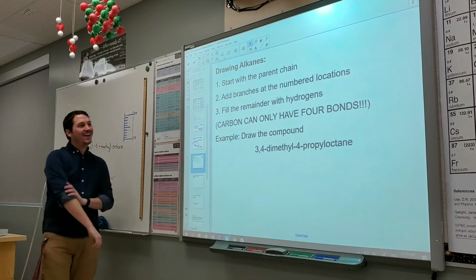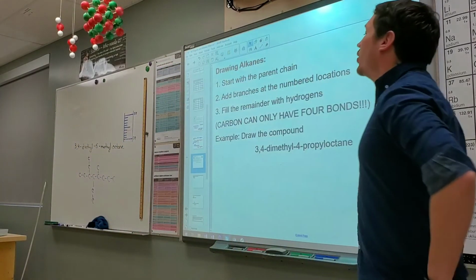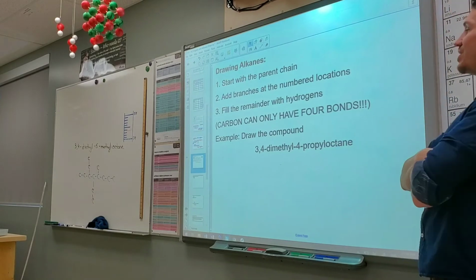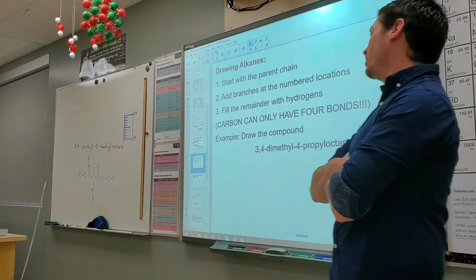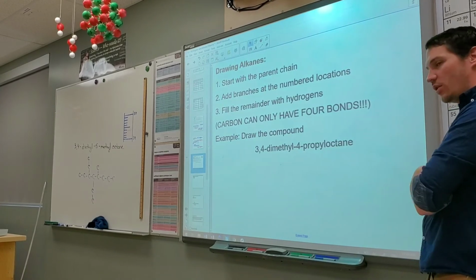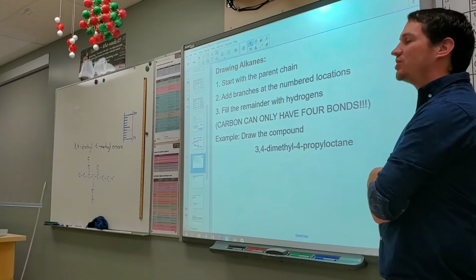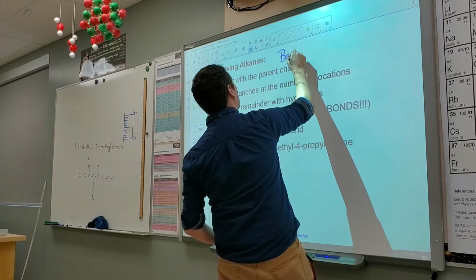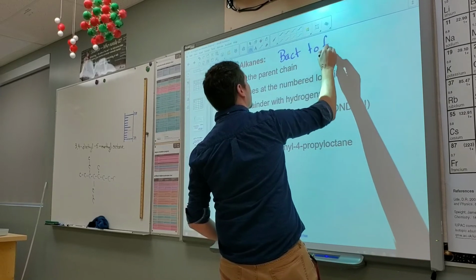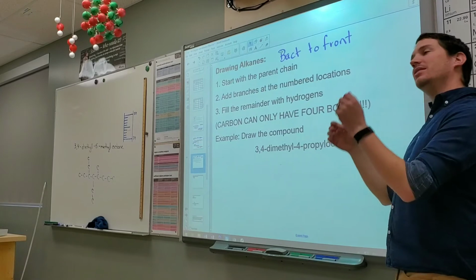Okay, drawing alkanes. Start with the parent chain, add branches at the numbered locations, fill the remainder with hydrogens. Carbon can only have 4 bonds. So let's try this. Draw the compound.